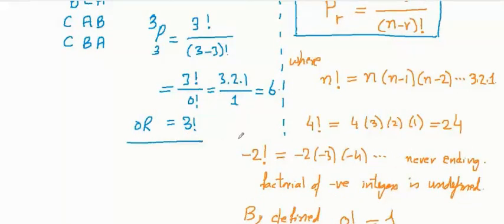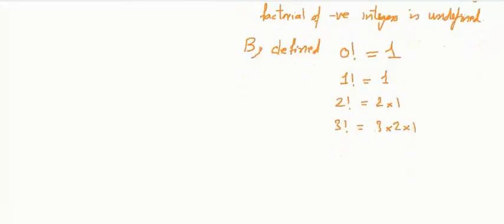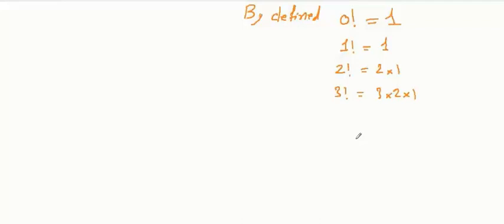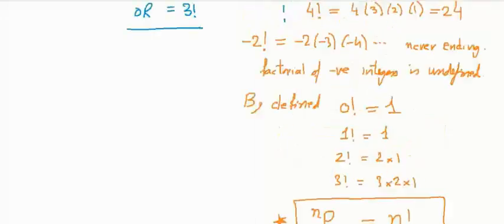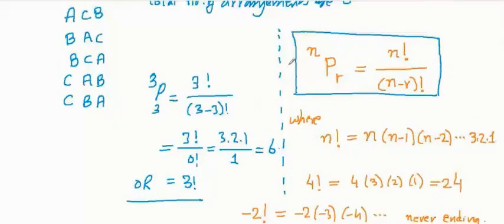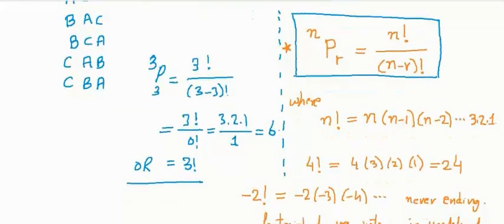Now I will write the fact here. In orange color I am writing the tool which we are using in permutation. So nPn means n factorial, because they have the same value. So this is one formula and the other one is this, and it is used in finding the number of arrangements.